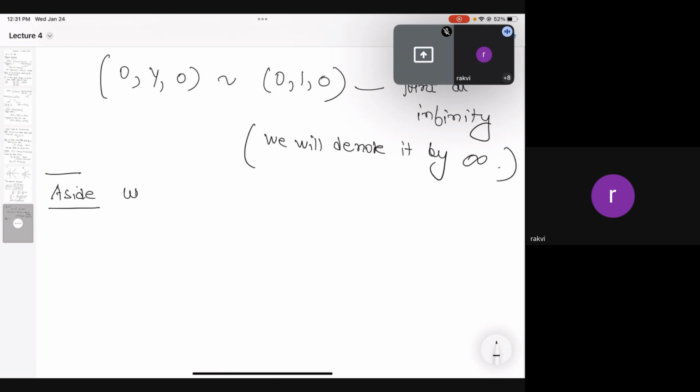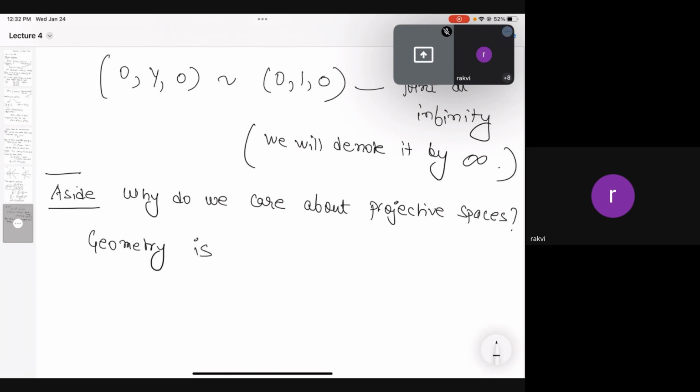Why do we care about projective spaces? A quick answer is that geometry is simpler over projective spaces.